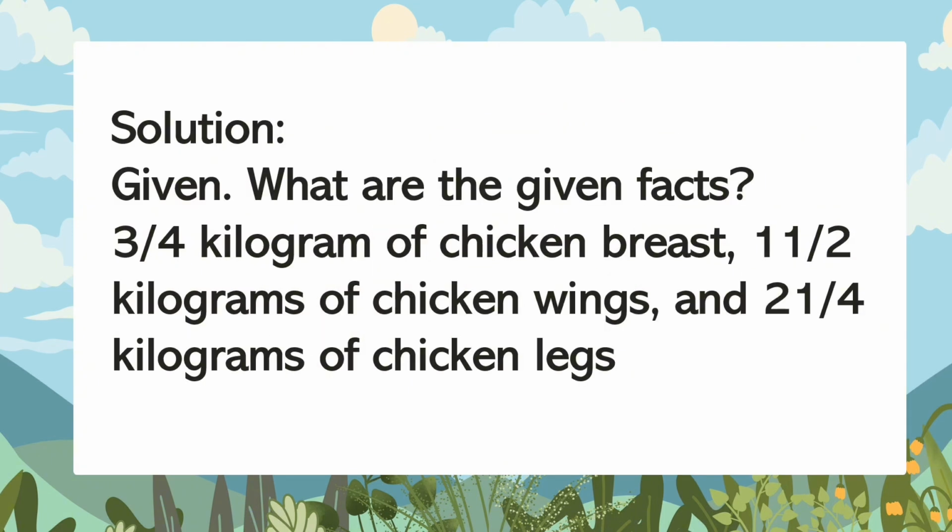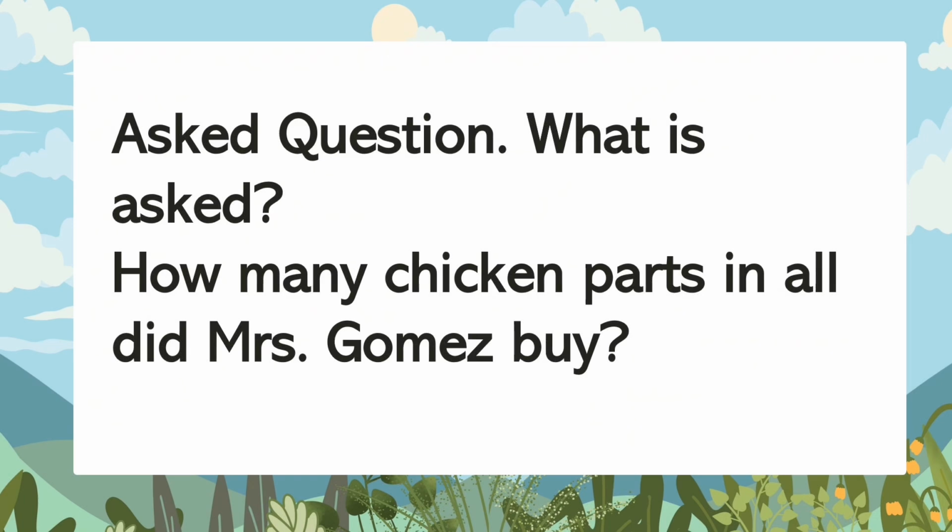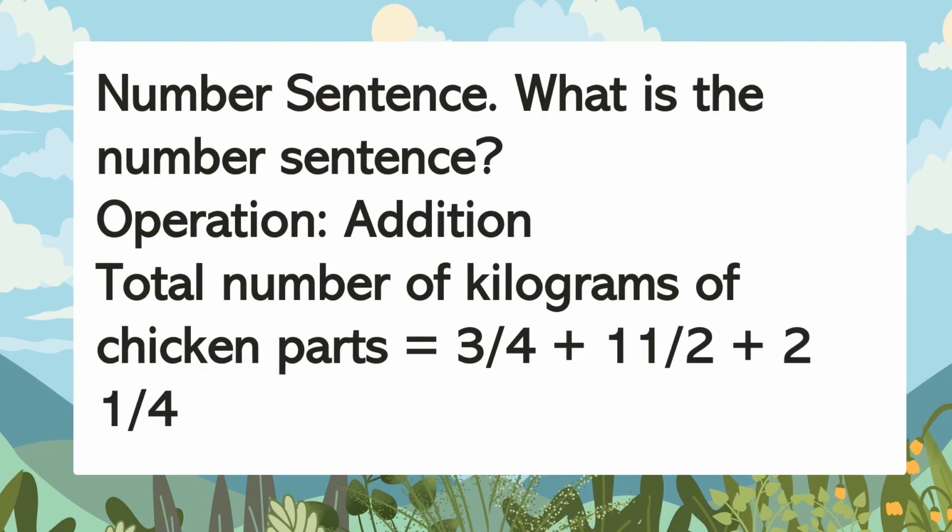Here is our solution. The given facts are 3/4 kg of chicken breast, 1 1/2 kilograms of chicken wings, and 2 1/4 kilograms of chicken legs. For the asked question, how many chicken parts in all did Mrs. Gomez buy? And then for our number sentence, our operation here is addition, and the total number of kilograms of chicken parts is 3/4 plus 1 1/2 plus 2 1/4.